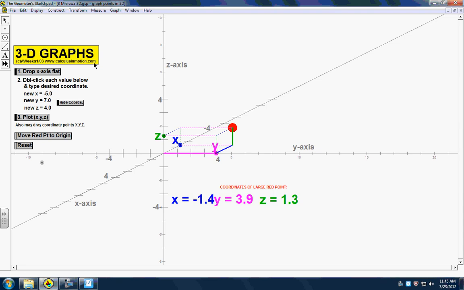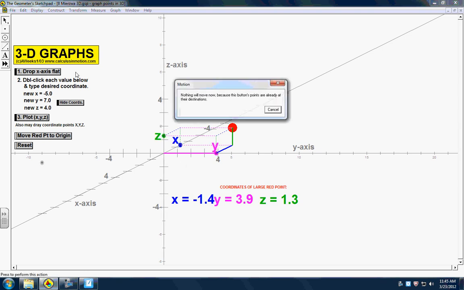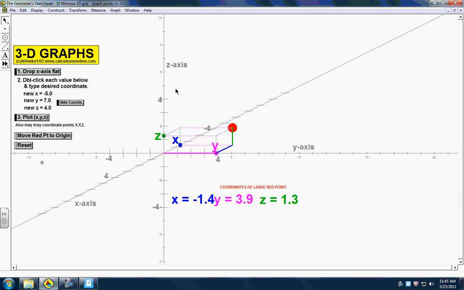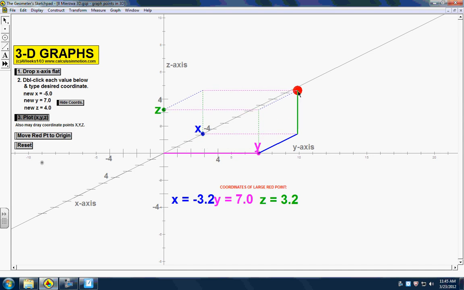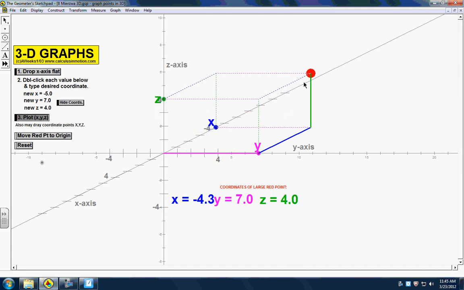So that first time we were graphing it in 2 dimensions. If we bring this guy back up again, now if we move this back to the origin and we graph it with the 3 axes right now, you can see how this thing's moving in an x and a y and a z, and there's the point that we want.